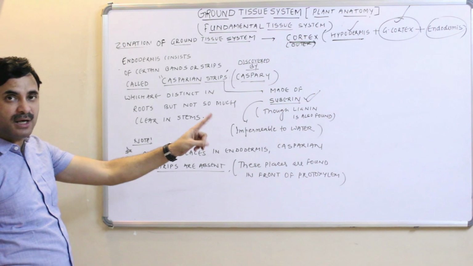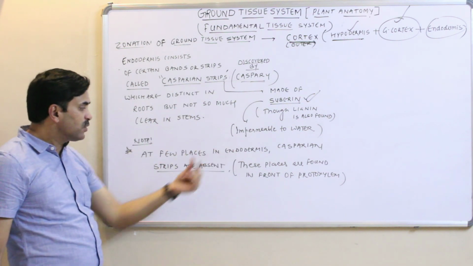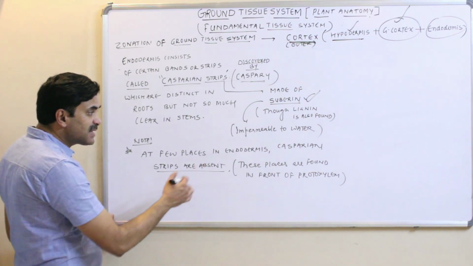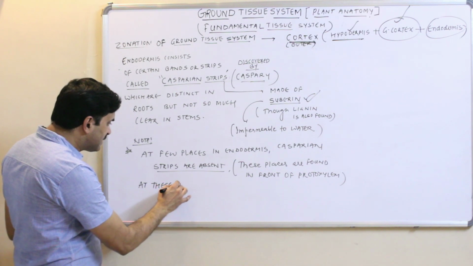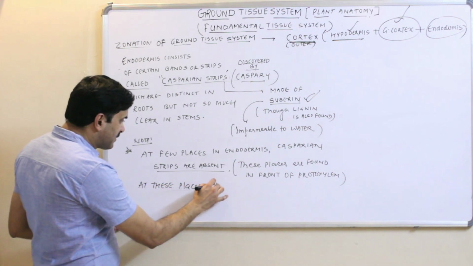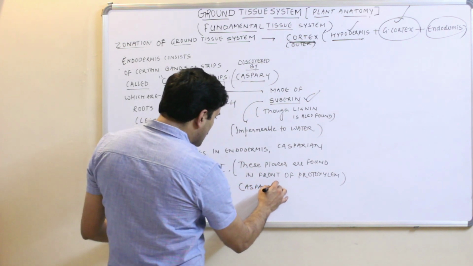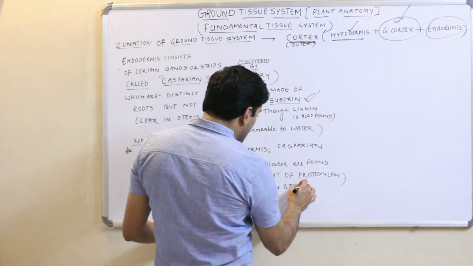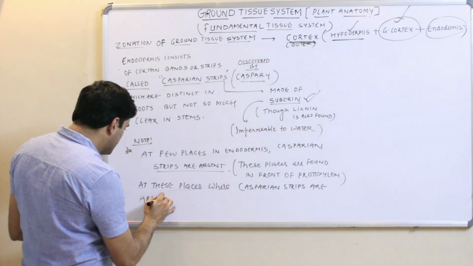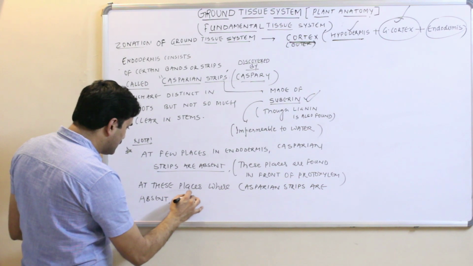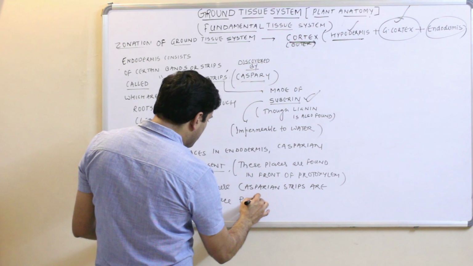I will just draw you a diagram so that the concept becomes clear. At few places in endodermis, Casparian strips are absent. These places are found in front of protoxylem. At these places where Casparian strips are absent, passage cells are found.